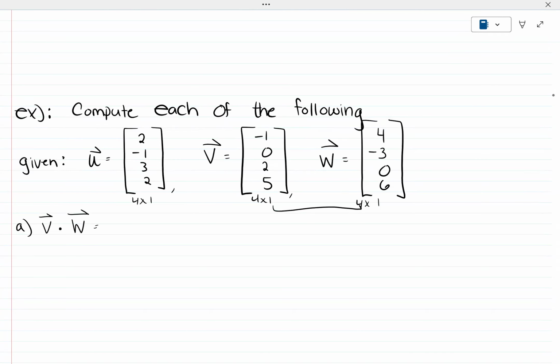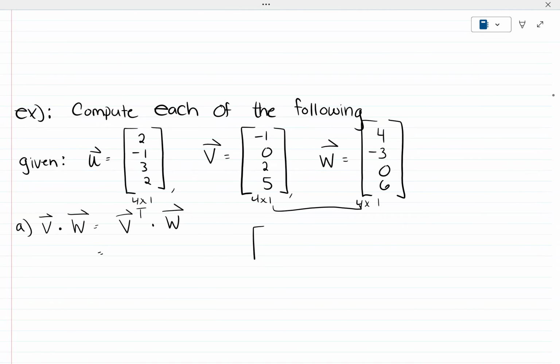Did you also know you can rewrite vector v times vector w as vector v transpose times vector w? So it's still possible. Let me show you.